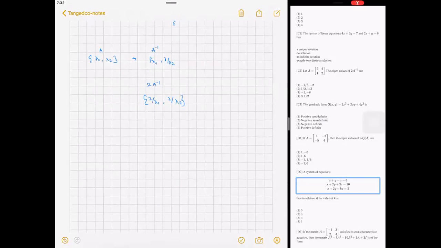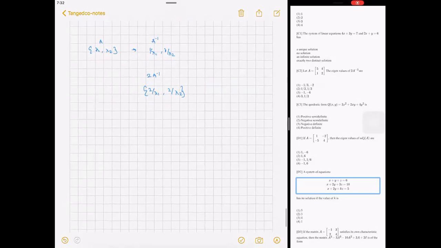So let's go and find the eigenvalues of the given matrix: 5 minus lambda, 4, 1, 2 minus lambda. This will give lambda minus 5, lambda minus 2, minus 4 equal to 0.